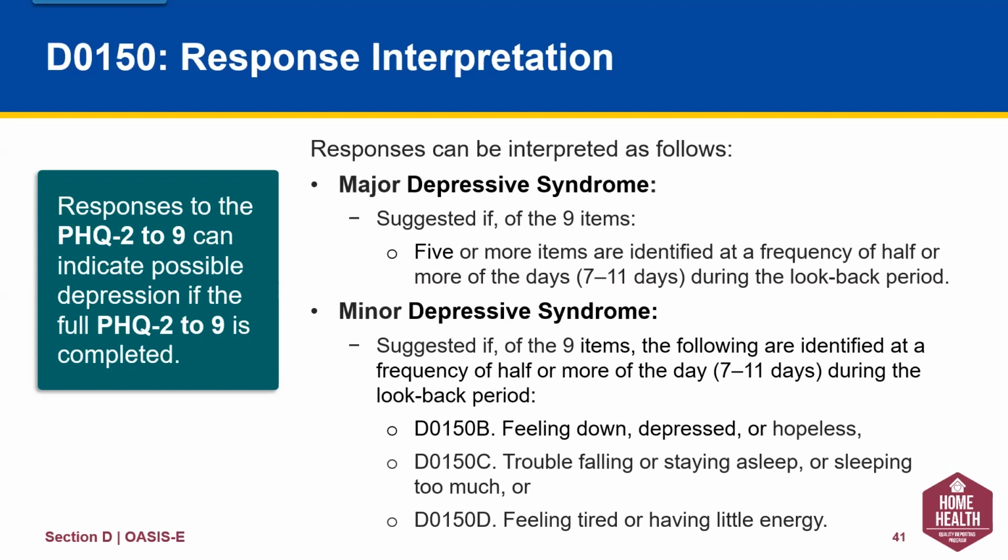Minor depressive syndrome is suggested if of the 9 items, the following are identified at a frequency of half or more of the days, 7 to 11 days, during the look-back period. And those items are D0150B, feeling down, depressed, or hopeless; D0150C, trouble falling or staying asleep or sleeping too much; or D0150D, feeling tired or having little energy.